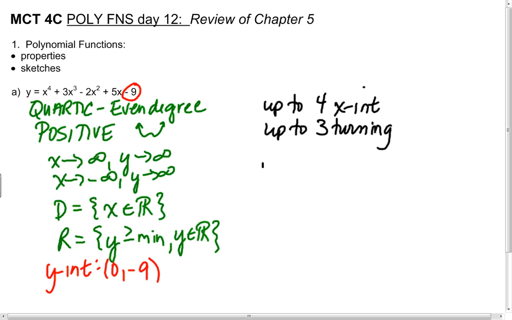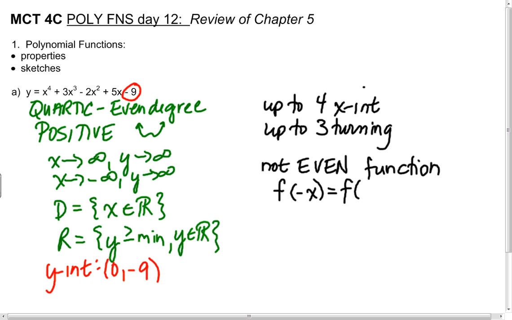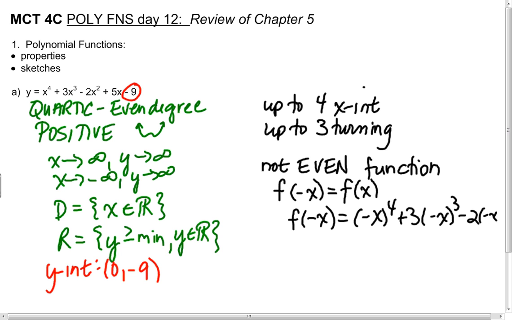I know that this one is not an even function, where it is perfectly balanced along the y-axis, and I am going to show you that that is the case because I am going to compare f at minus x and see if it is identical to f of x. I'm going to put a negative x wherever there is an x: negative x to the 4th plus 3 negative x cubed plus 5 times negative x minus 9.